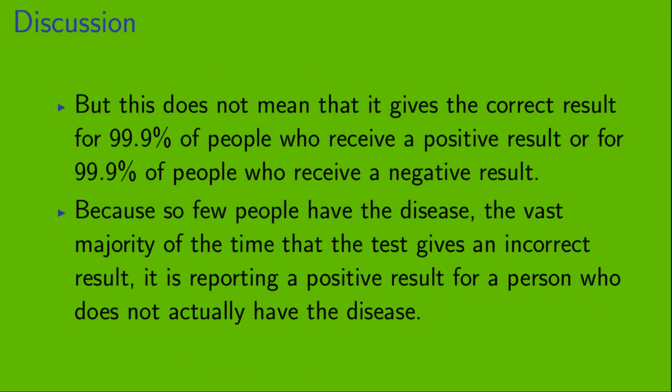But this does not mean that it gives the correct result for 99.9% of people who receive a positive result, or for 99.9% of people who receive a negative result. Because so few people have the disease, the vast majority of the time that the test gives an incorrect result, it is reporting a positive result for a person who does not actually have the disease.